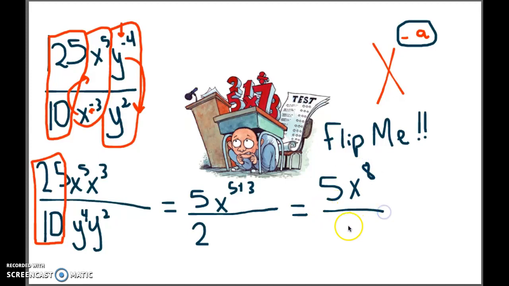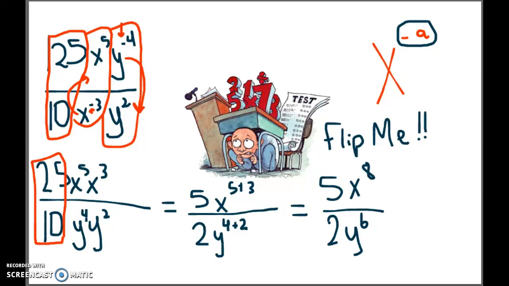And in the denominator, I have my 2, and I've got a y to the 4th as well, plus y to the 2nd. So I've got 4 y's down there and 2 more y's down there. So I have a total of 6 y's: 2y to the 6th.